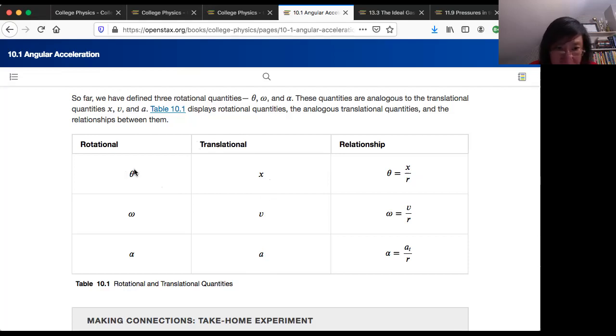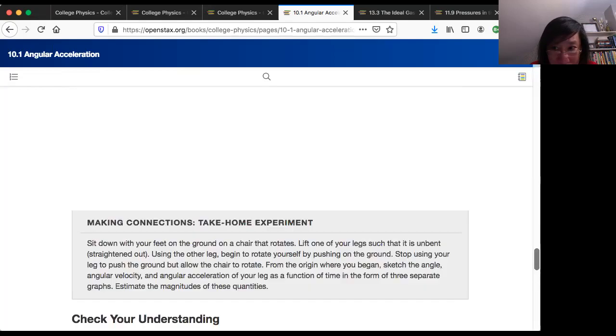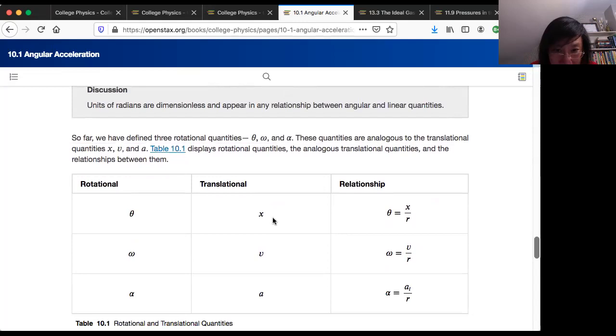Theta is the angle, a displacement angle, and omega is the rotational velocity, or the angular velocity, and then angular acceleration. Then we have linear displacement, linear velocity, linear acceleration. And here are the mathematical relationships.